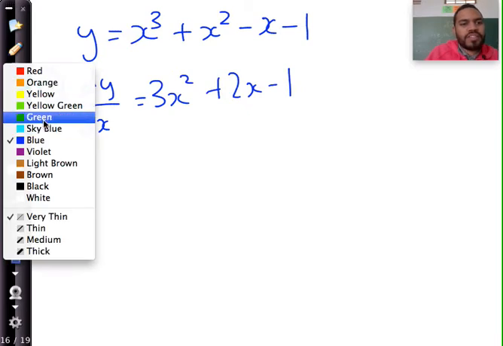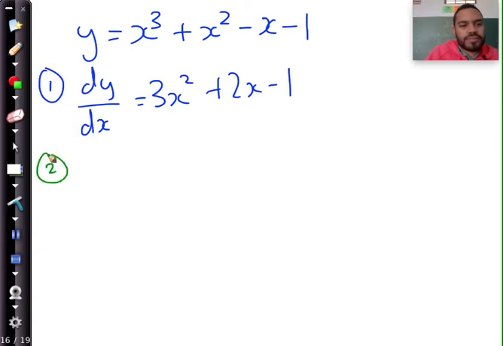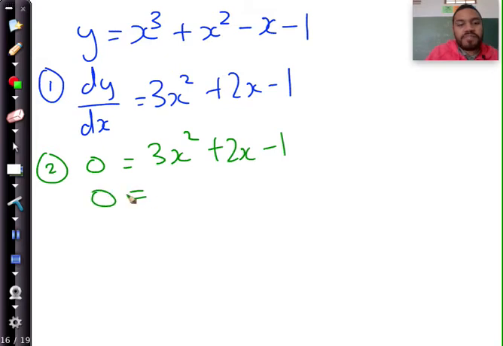The next step was to equate this to 0, which gives me 3x squared plus 2x minus 1 equals 0. I can now factorize this, and I got x plus 1 and 3x minus 1. Let me check: that gives me 3x squared, minus x plus 3x, and minus 1.